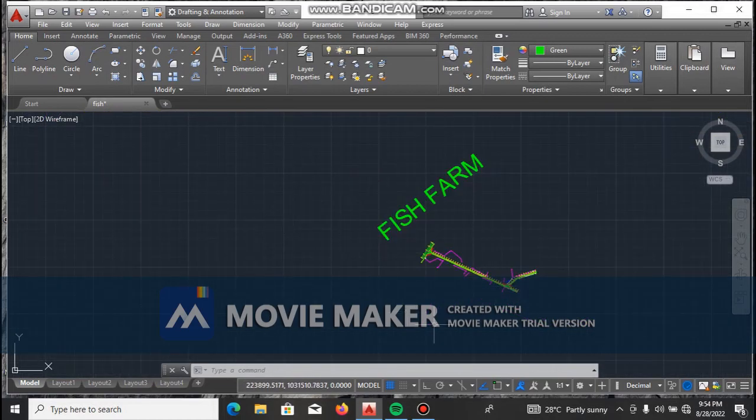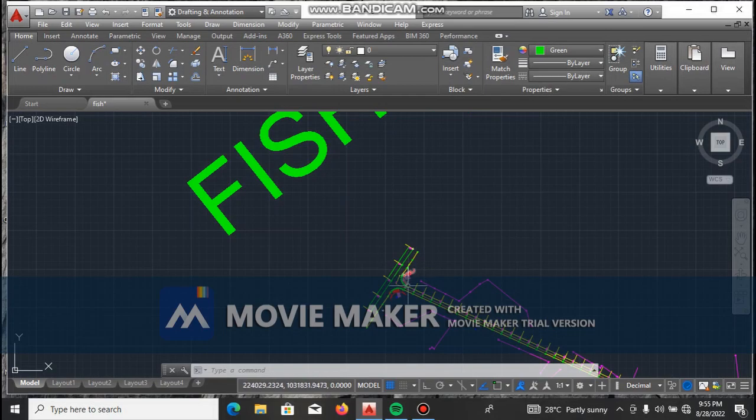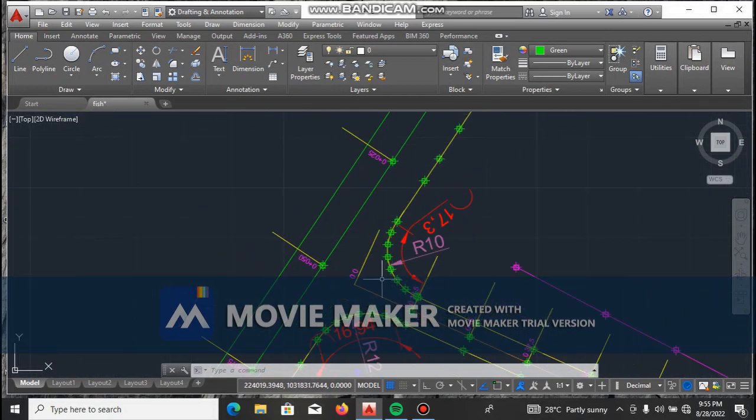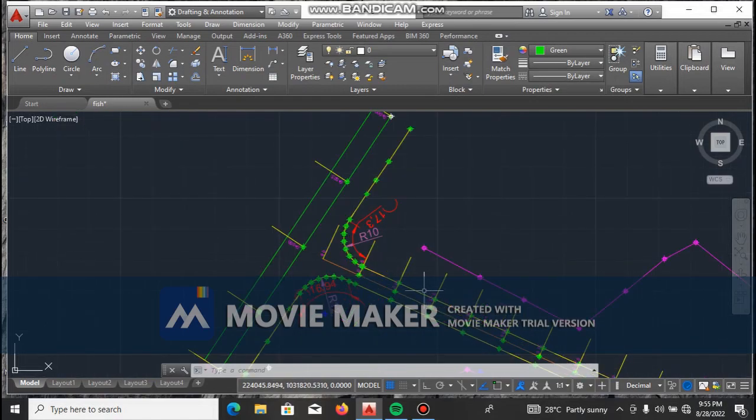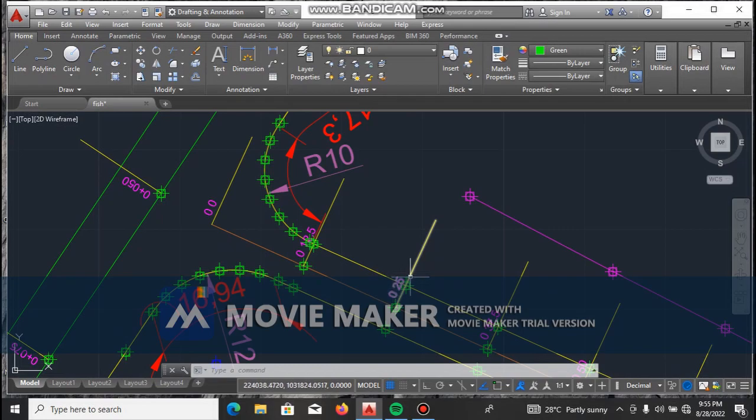Now for the center line interval we use 12.5, and also the offset is 3 meter from the center line. Then the interval, the measure point between the offset, is 12.5 as well.